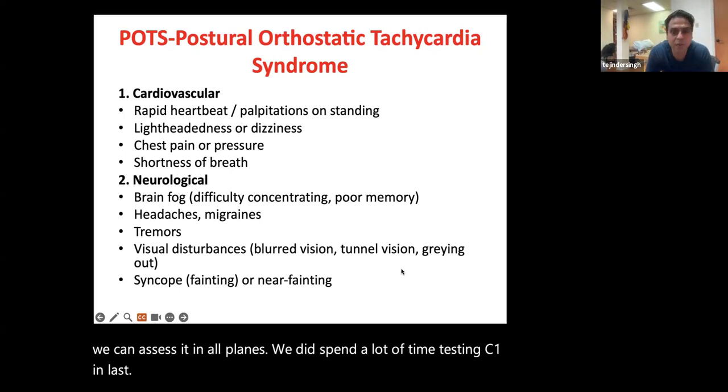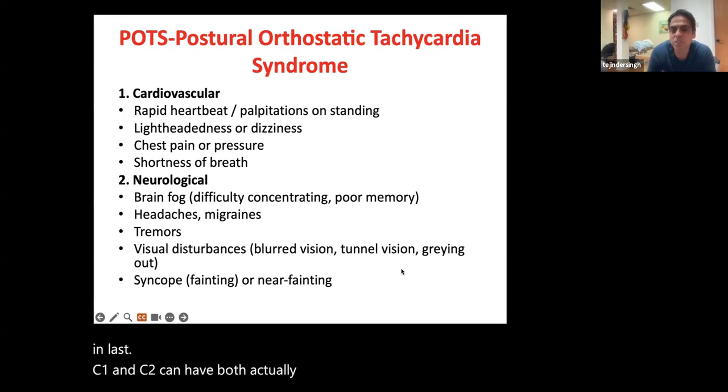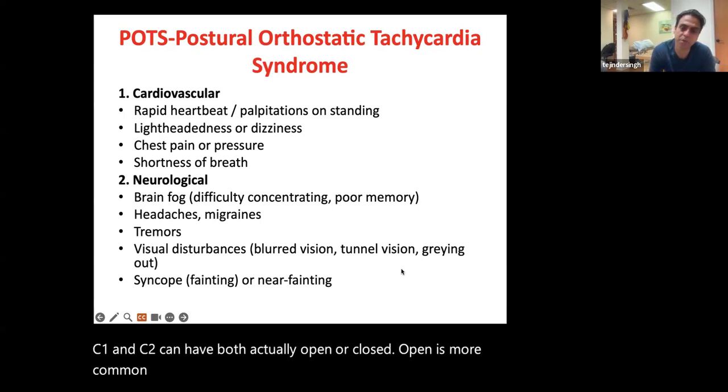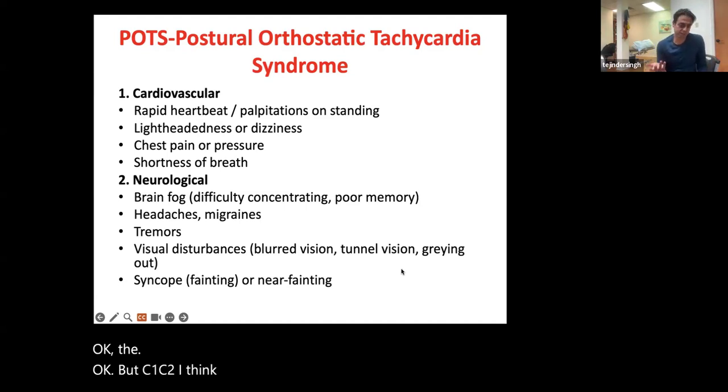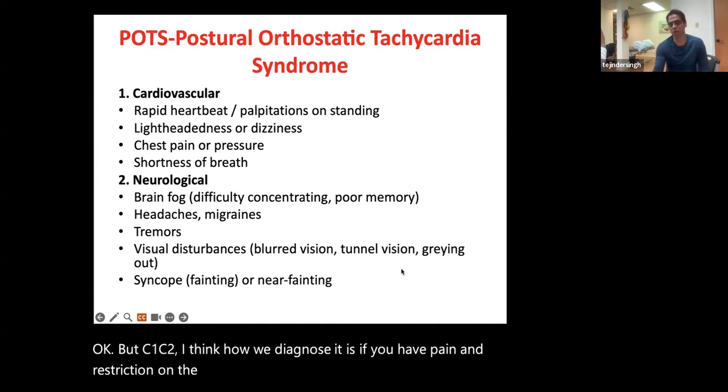C1 and C2 can have both, actually, open or closed. Open is more common, but it can have both open or closed dysfunction. How we diagnose it is, if you have pain and restriction on the same side, we call it a closed dysfunction.